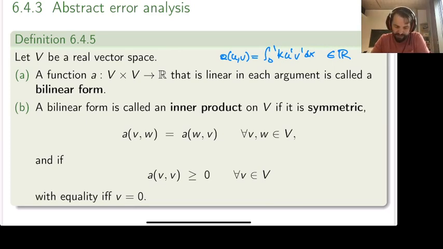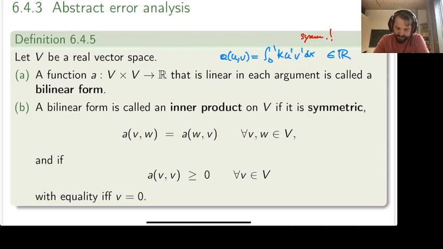The bilinear form is called an inner product on V if in addition it is symmetric. Now this example here is of course symmetric, and so it is also an inner product. Well, there are two conditions. So first of all, it has to be symmetric. If I exchange v and w, I get the same result. So here, if I exchange v and w, obviously I get the same result. It's linear.